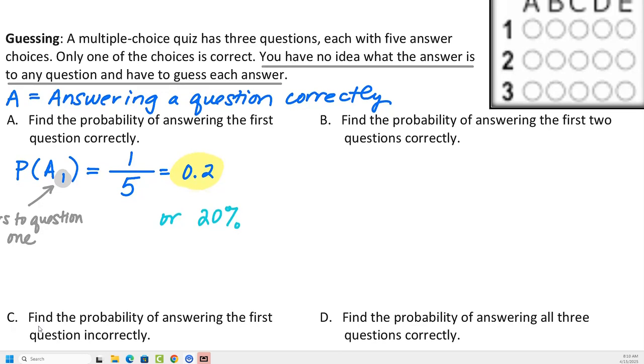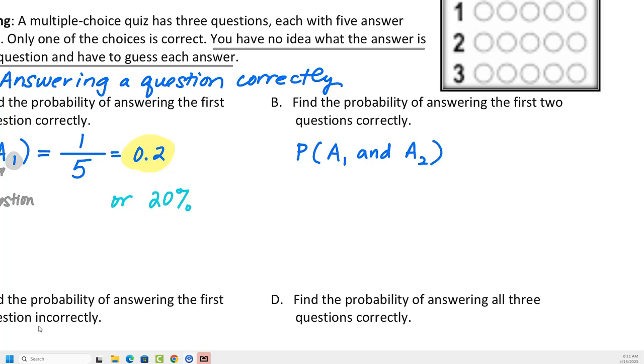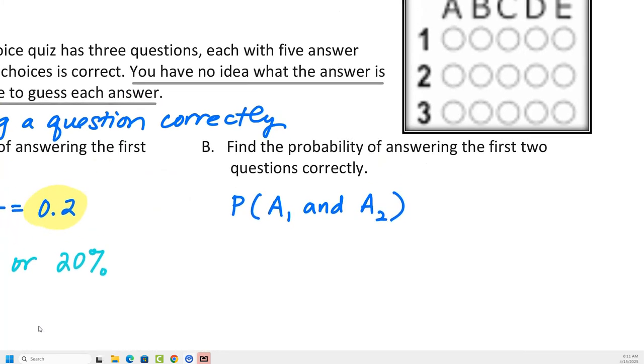Let's take a look at the next one. Find the probability of answering the first two questions correctly. So I want to find the probability of A1 and A2. If those are independent events, then we have a method of calculating it.